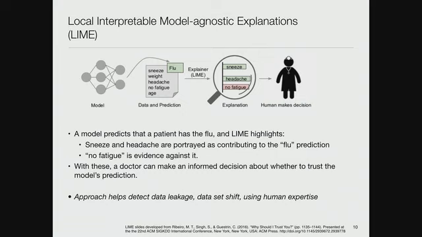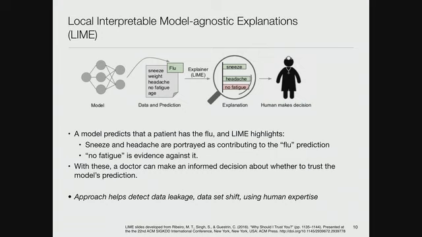And just to give you an illustration, you have some complicated model and it's trying to explain why the doctor or human being made a certain decision, or why the model made a certain decision. And so it says, well, here are the data we have about the patient. We know that the patient is sneezing, and we know their weight and their headache and their age and the fact that they have no fatigue.